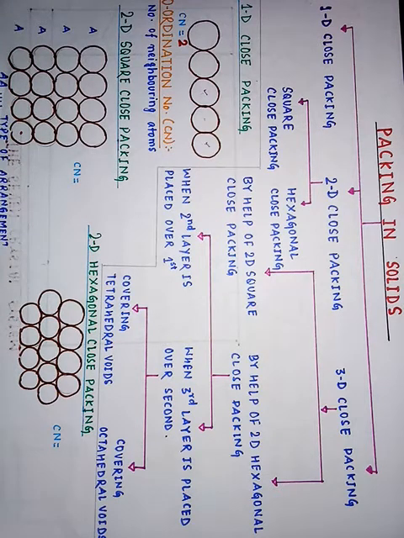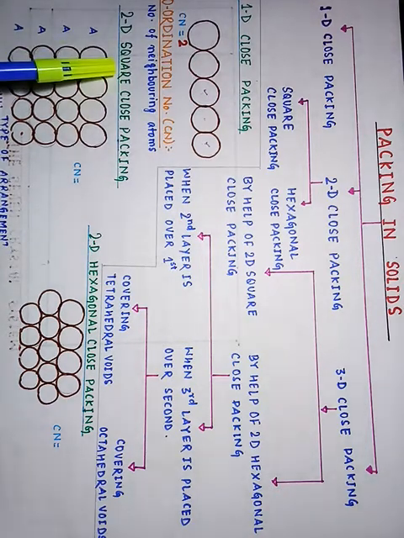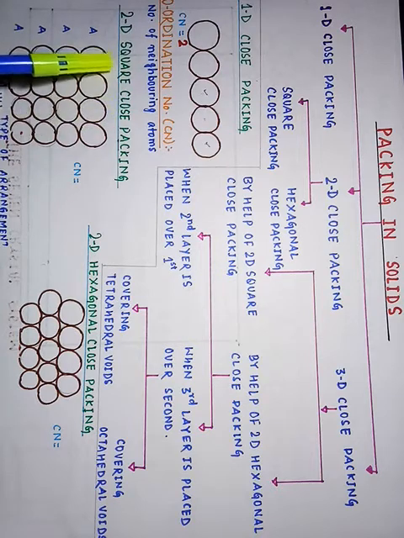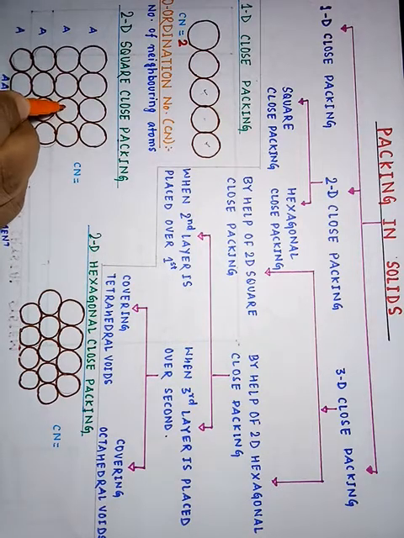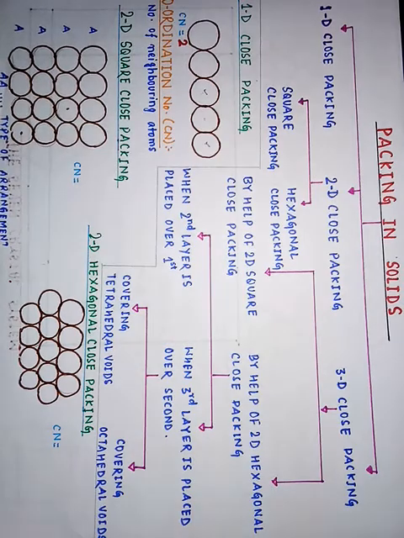Now, why do we call it square close packing? Why is this geometrical word square included here? To go through this, you just calculate the coordination number of an atom. Let us pick this atom and check how many atoms it is in contact with.